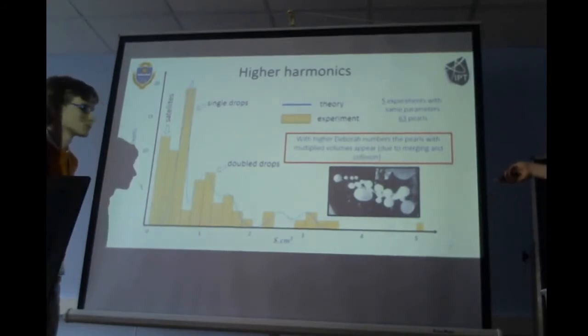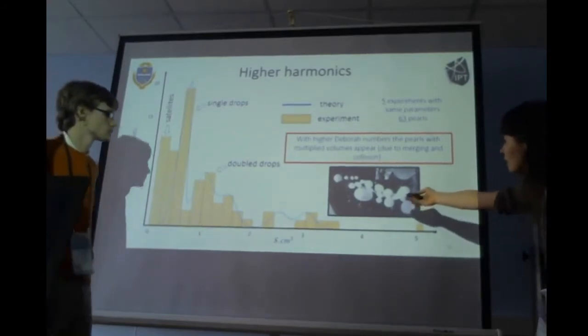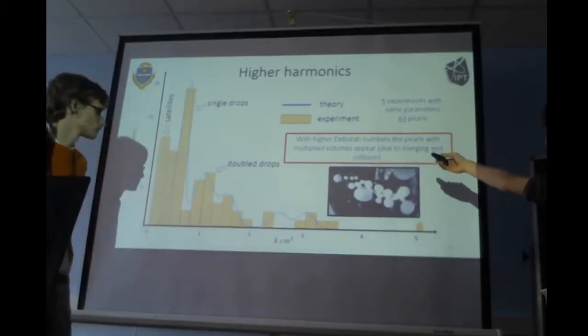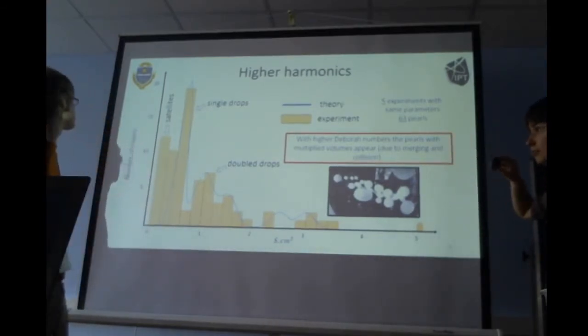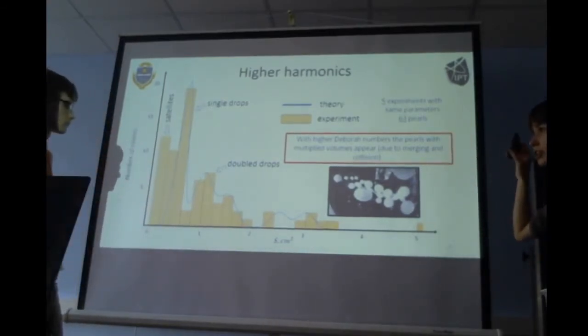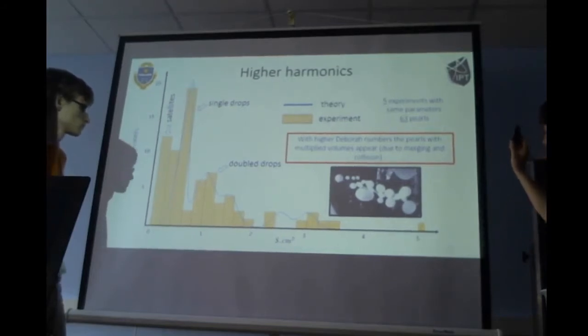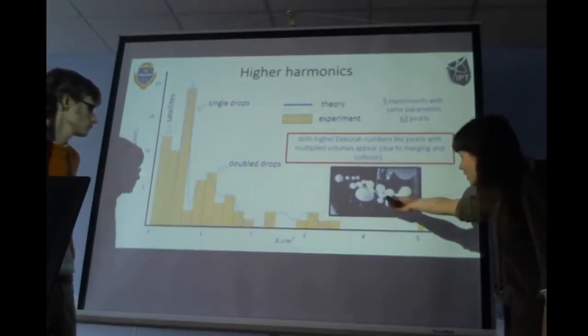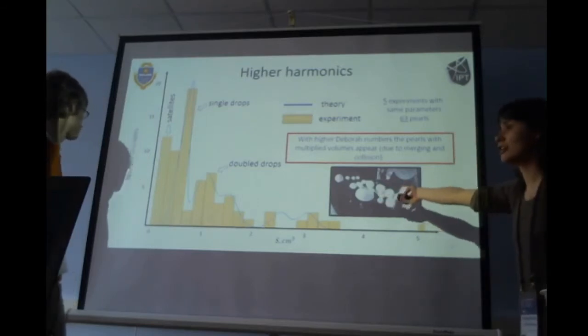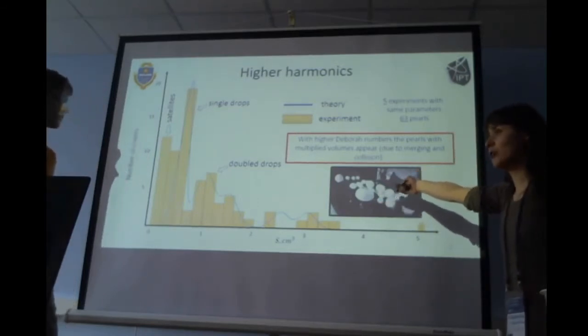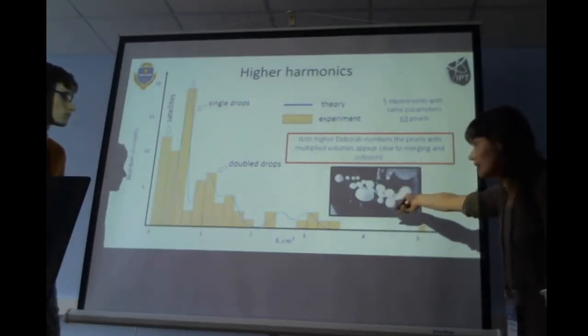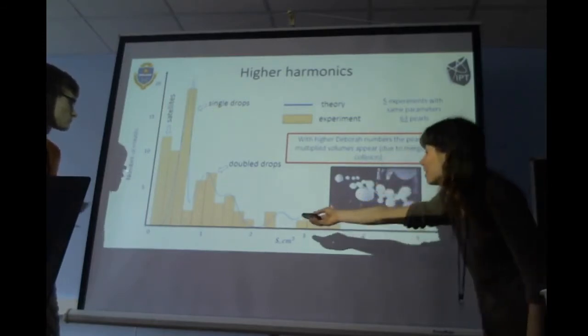See, on the bottom you have for the higher Dvorak numbers, when the velocity of ejection is quite high, you can see the pearls which are merged with each other. That's why we have the higher harmonics.